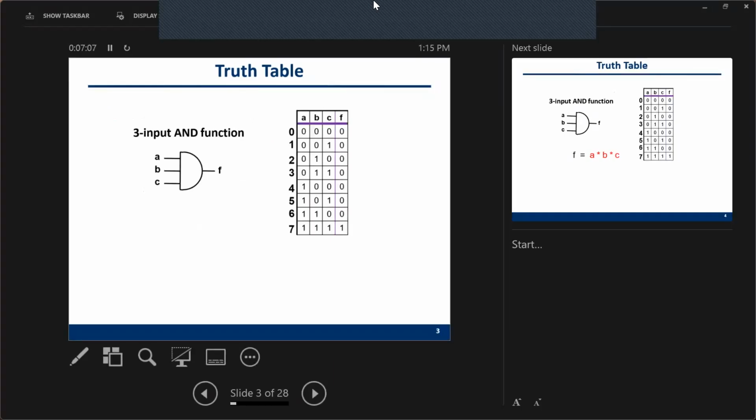And here is one example of a three-input AND gate. The inputs are A, B, and C, and the output is F. Then we have 2 × 2 × 2, which is 8 rows in the truth table. Basically, you can see that the truth table is equivalent to this gate.